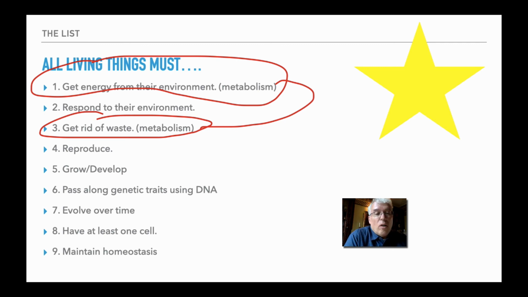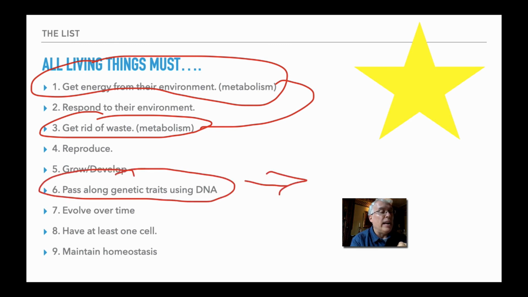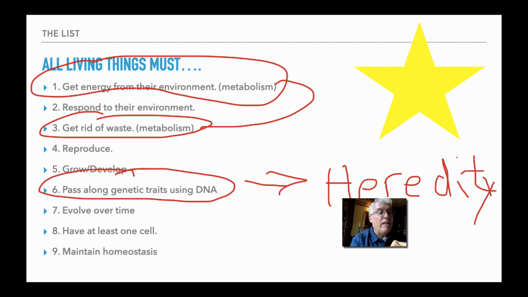Number 6, all living things pass along genetic traits using a molecule called DNA. If you guys remember, number 6 can be expressed as heredity. Okay, all living things have heredity, or this ability to pass on traits to the next generation.